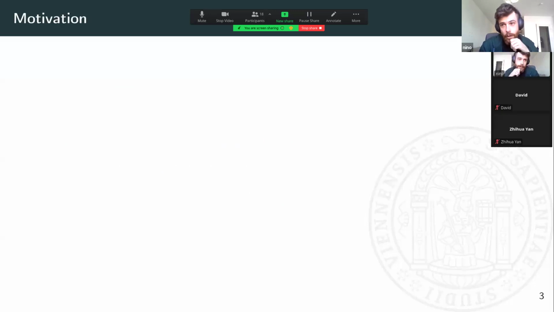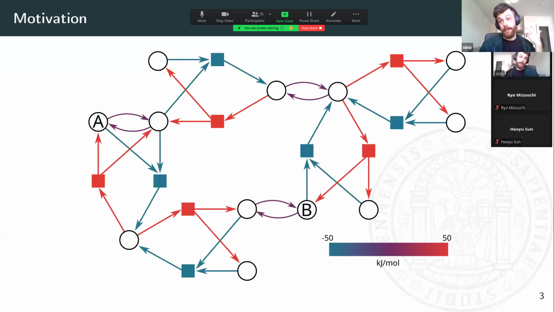Now, where I want to go is the question if it's possible to do a similar thing for chemical reaction networks, okay? Or chemical reaction spaces in general. So assume that you have some chemistry in mind that you already want to study, and you're able to come up with a chemical reaction space, like a possibility space of all the reactions that are in principle viable given this chemistry that you want to study.